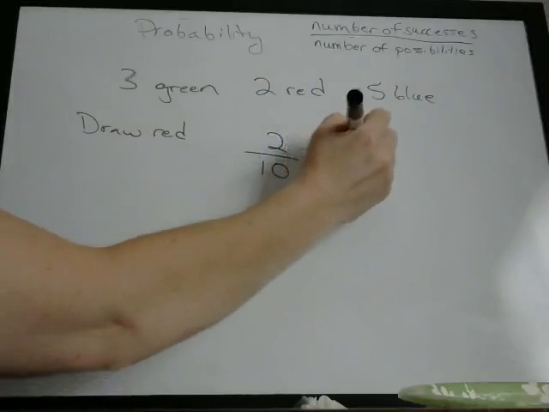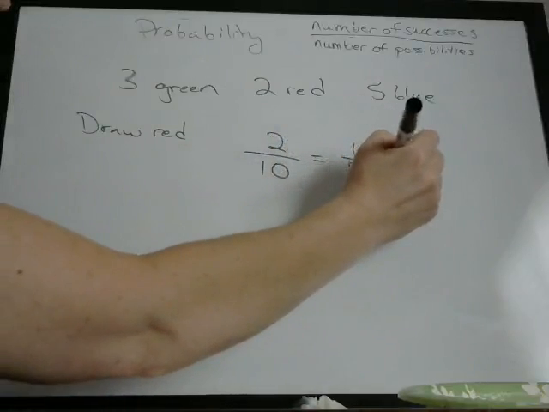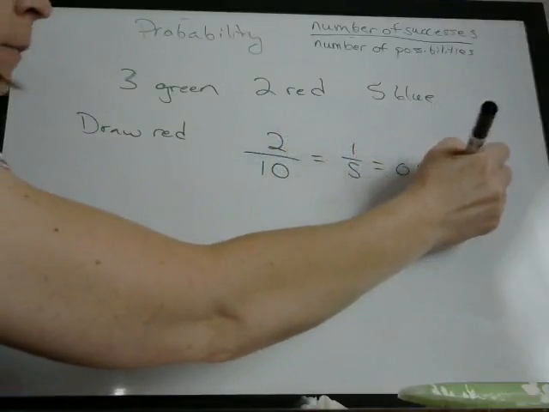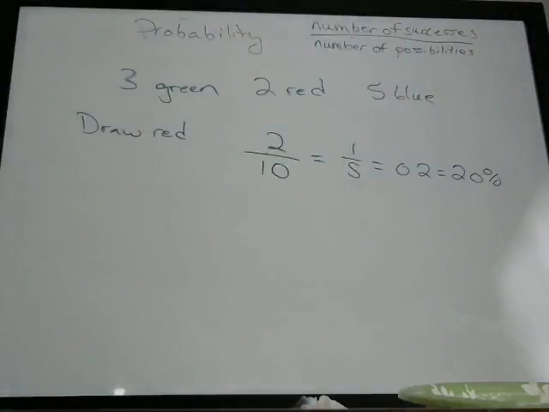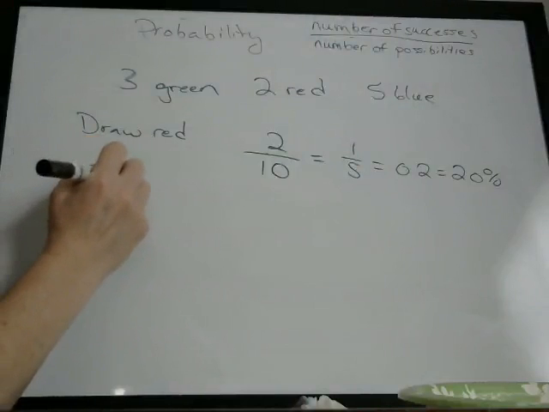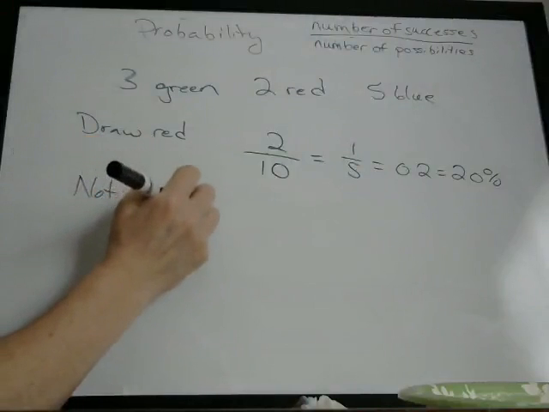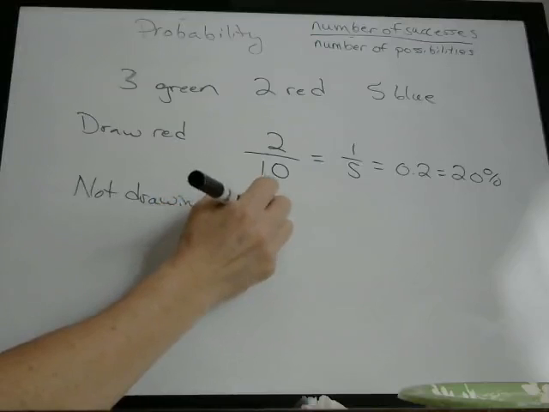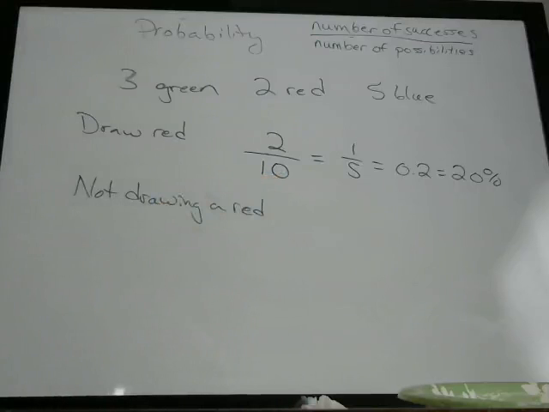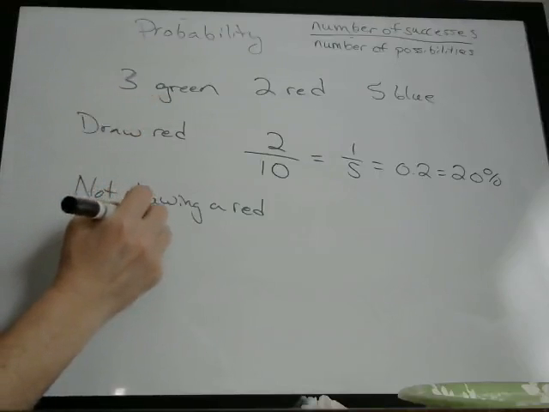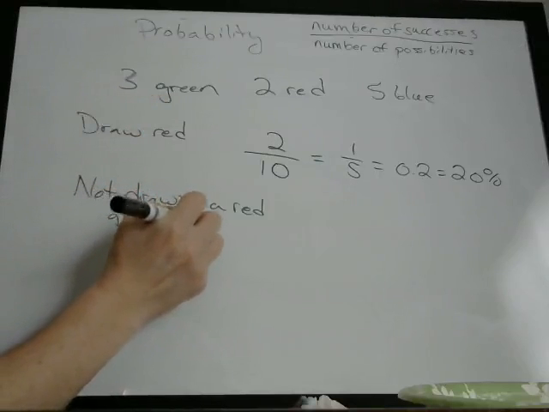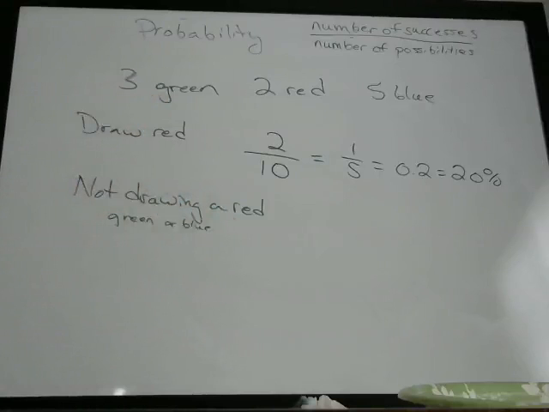Again, they're probably going to put this in lowest terms and possibly put it as a percentage. What's the probability of not drawing a red marble? So now we want to not draw a red marble. So really, how can we think about that? Well, that means we want to draw either a green or blue if we want to not draw a red.